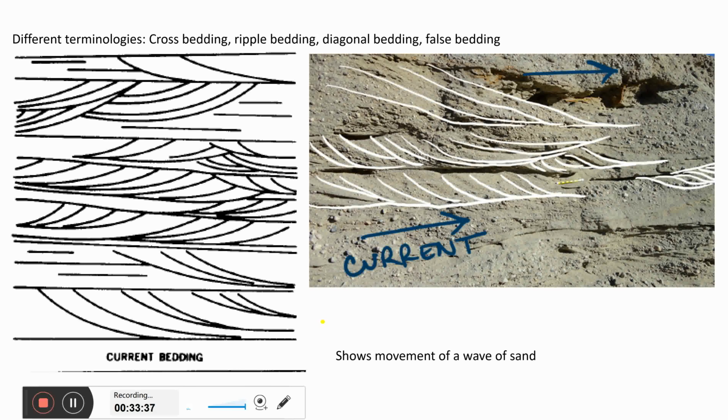And there are different terminologies for these types of features. For example, cross bedding, ripple bedding, diagonal bedding, false bedding. If you are interested in the details, you can go on Google, search these terminologies, and see actual field images of these beddings.